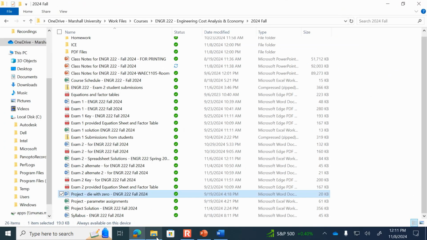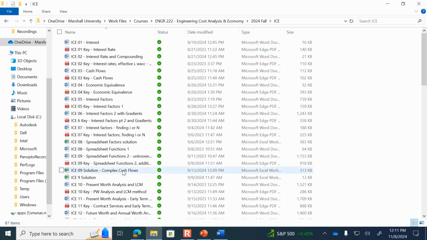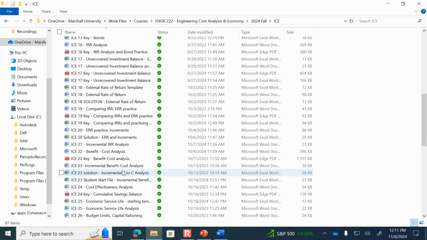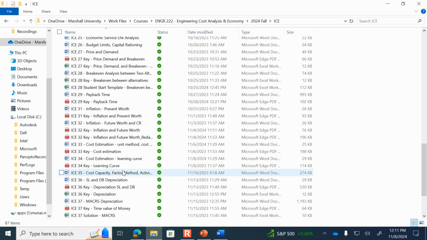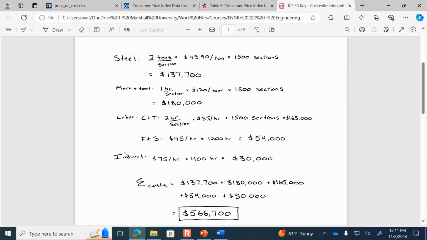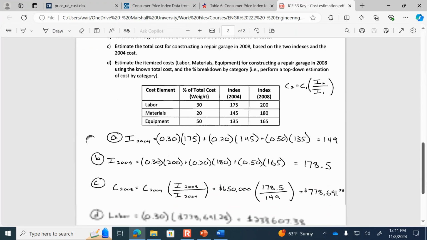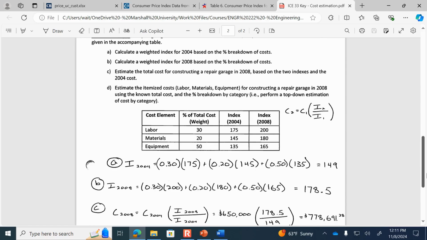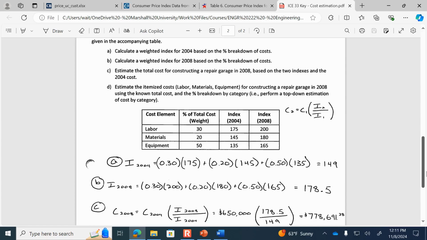But we want to know basically how much is each category going to be, and then how much is the predicted cost if we're going to build the similar thing again in the future. So for this one, part A is saying to calculate the weighted index.